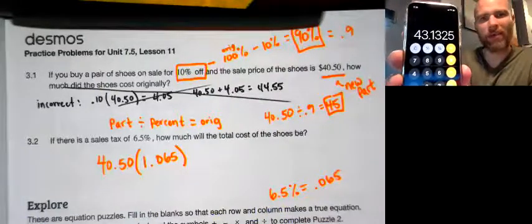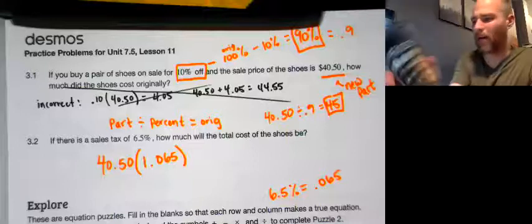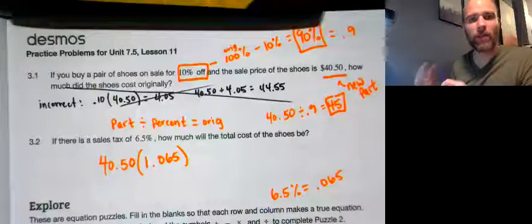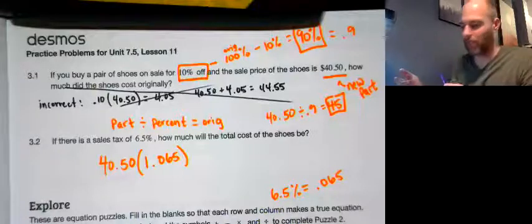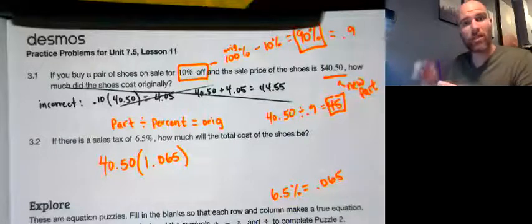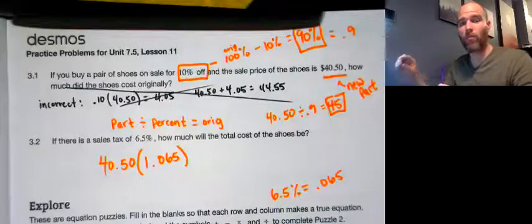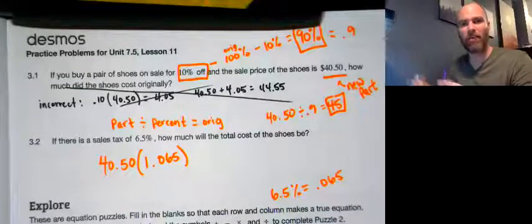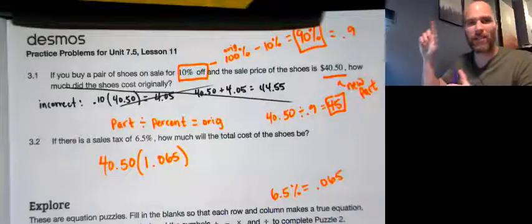$43.1325. With dollars, you always round to the nearest second decimal, the hundredth spot, because there's 100 pennies in a dollar, right? Or 100 cents in a dollar. Certain things in life, they will charge you even smaller than a penny, like a decimal of a penny or a fraction of a penny. Sometimes you see it at gas stations on the signs outside.